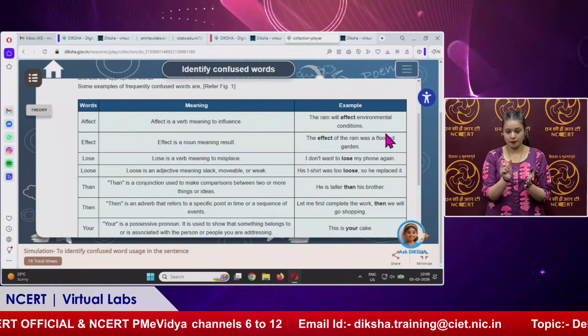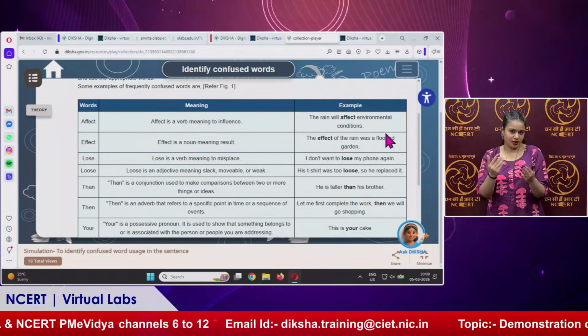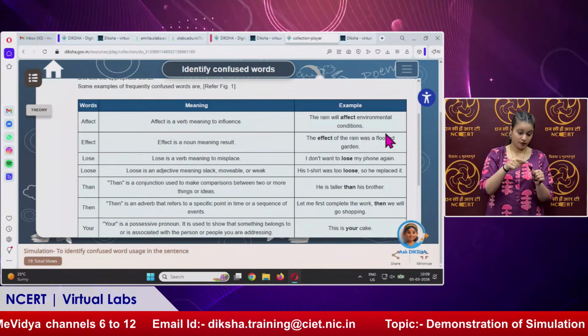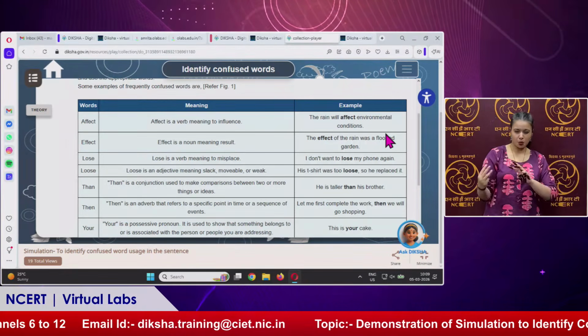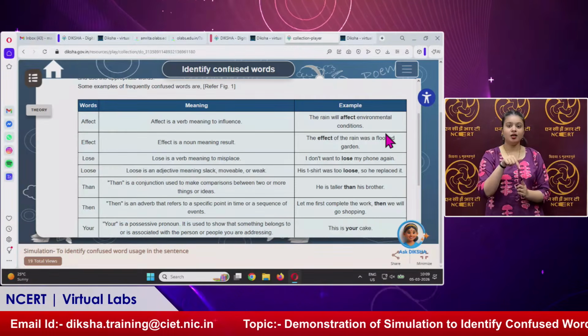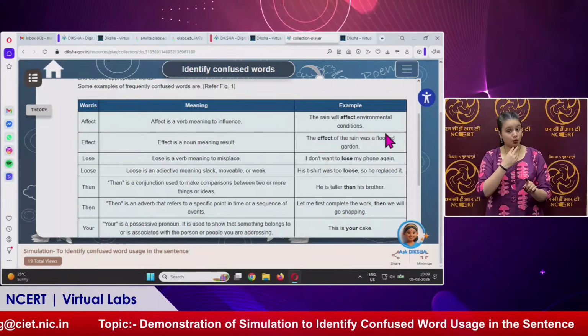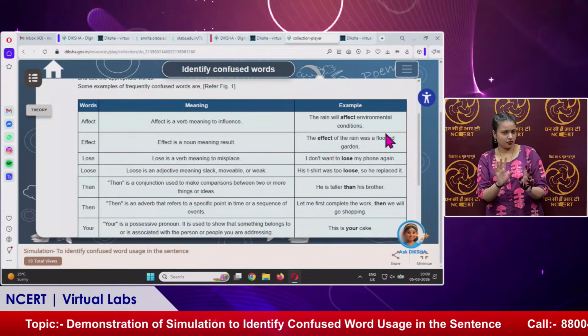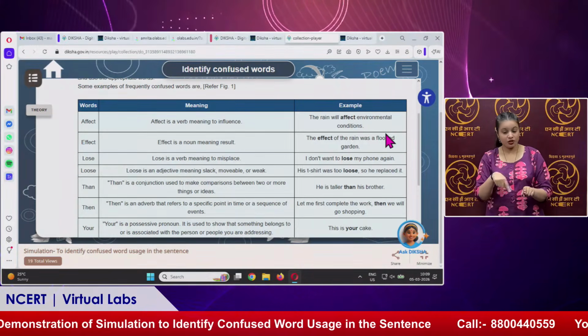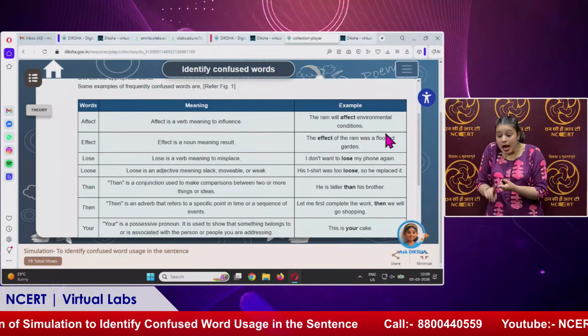So it's easy to remember. Affect is a verb. The war has affected us. So here it will not be E-A, affected. Always remember the pronunciation is also slightly different. It's affect, not effect.